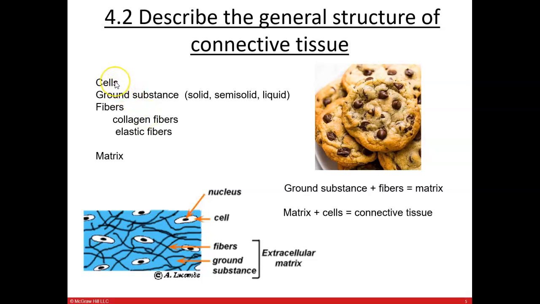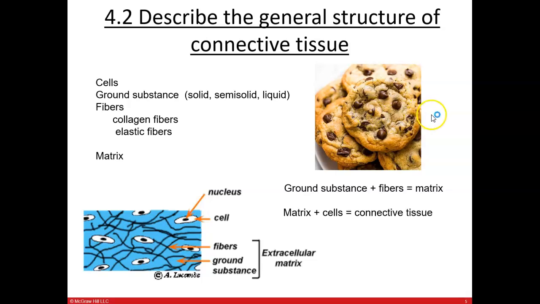So we have the cells. In between the cells, we have this ground substance and may or may not have fibers. And I had the word matrix here. So I just want to go back here. If we have the ground substance, the solid, semi-solid, or liquid substance between the cells, and there's some fibers, together we'll call that the matrix, the stuff in between the cells. So if we have the matrix and the cells, that's going to be the connective tissue.